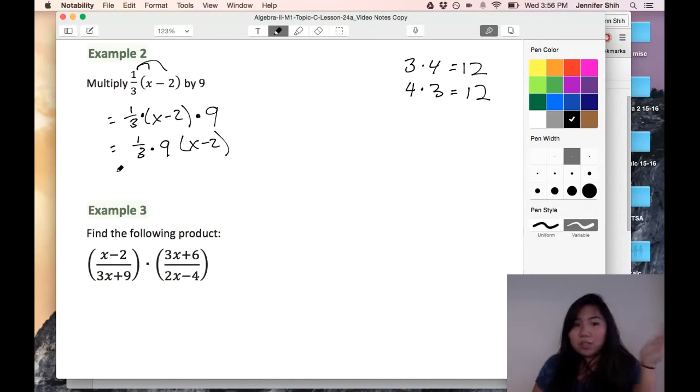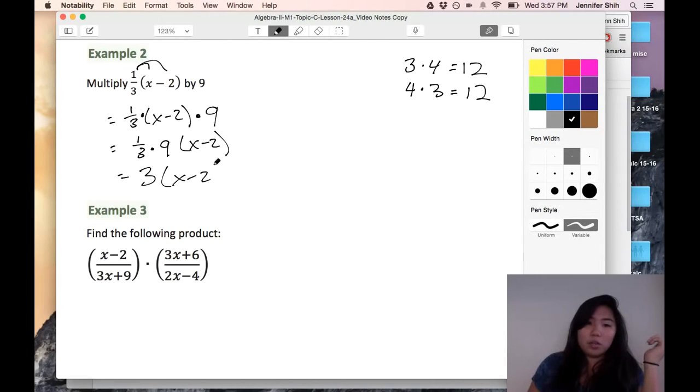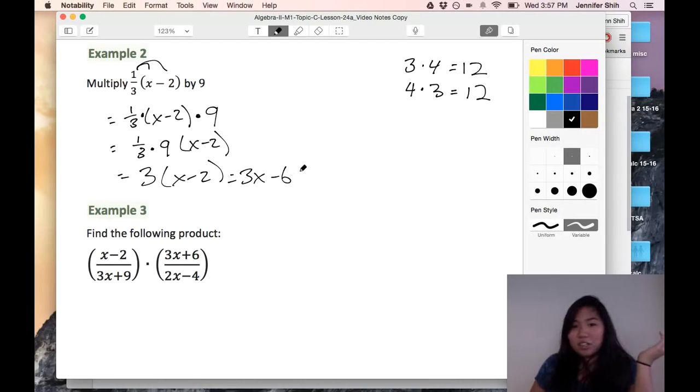Because 1/3 times 9, we can put all the integers together, and then we can multiply it by the binomial or the rest of the expression. Because this is going to simplify to 9 over 3, which is 3, and then x minus 2. So this would be a fine answer, but we should probably distribute in this example as well, so we end up with 3x minus 6.